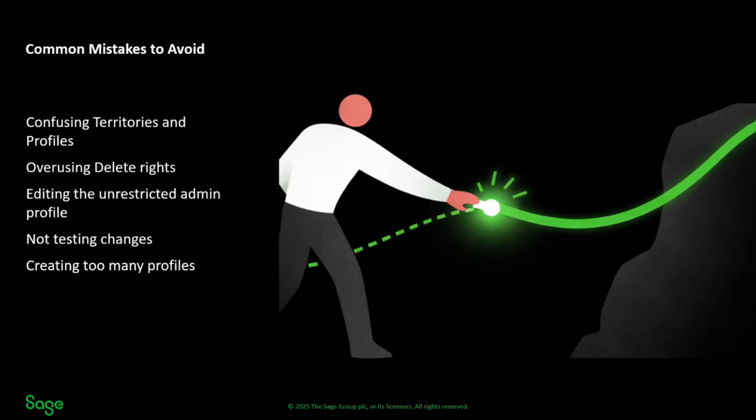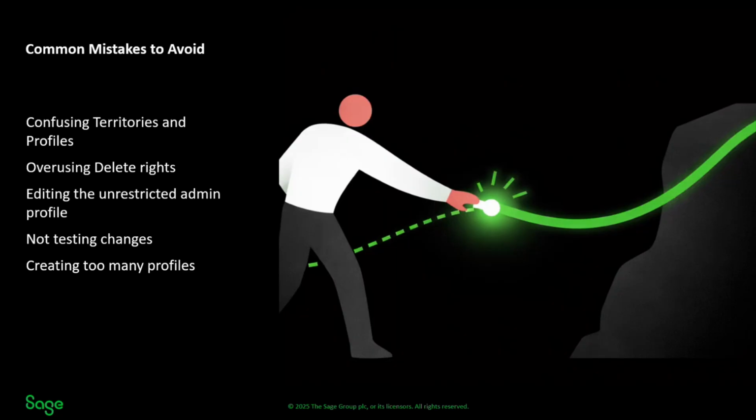And there are some common mistakes to avoid when you come to creating new security profiles. People can confuse what the role of territories and profiles are. So they can drift into creating a European marketing user rather than thinking about an actual requirement to use territories to restrict access to European data.